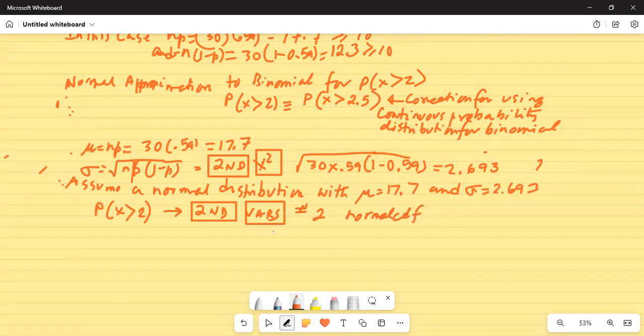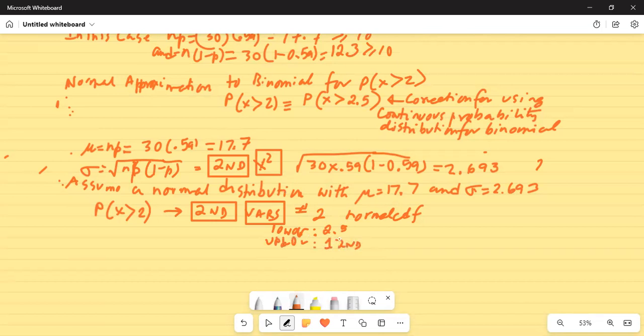My lower will be, sorry, 2.5, because that's the correction factor I'm applying. Upper is a very large number on the right, which is 1.